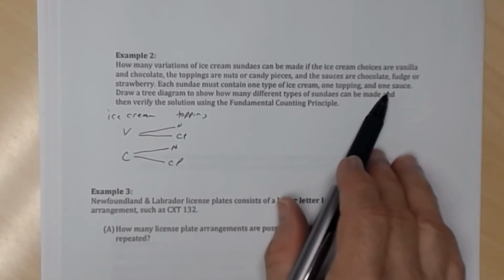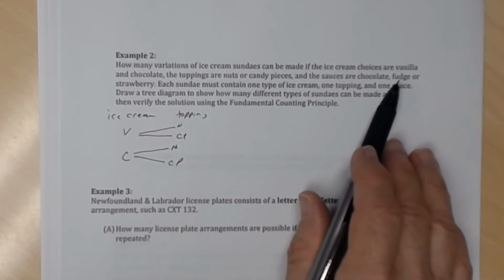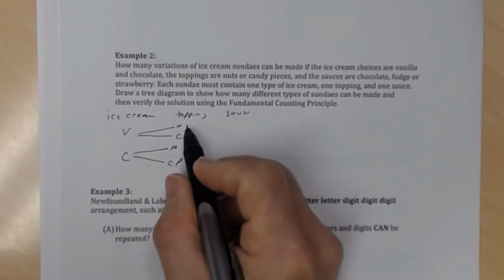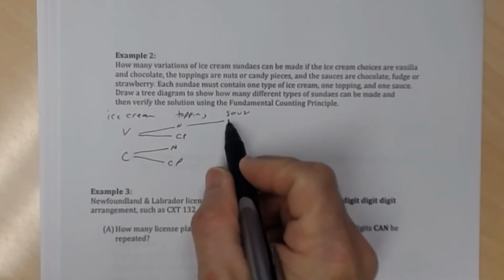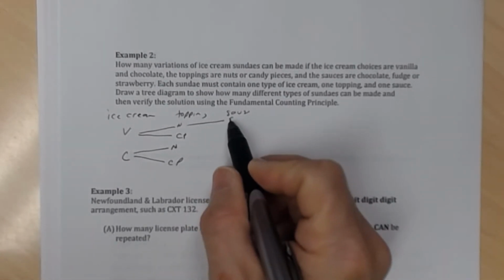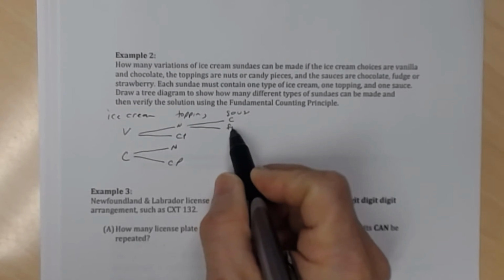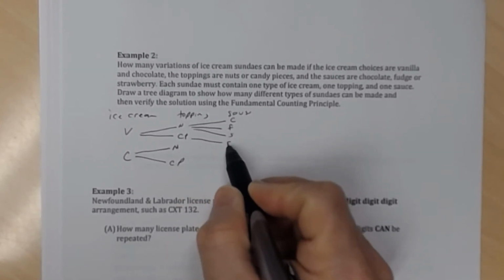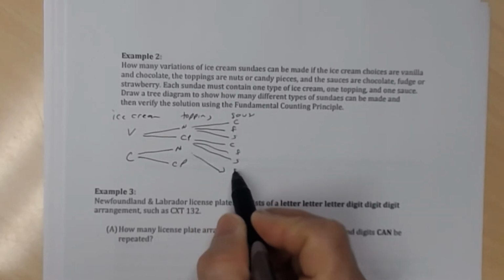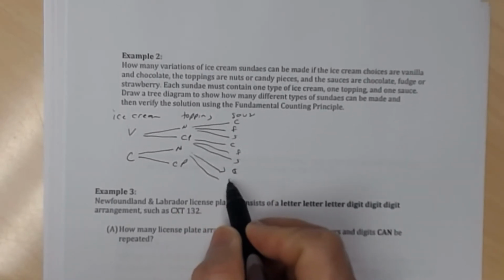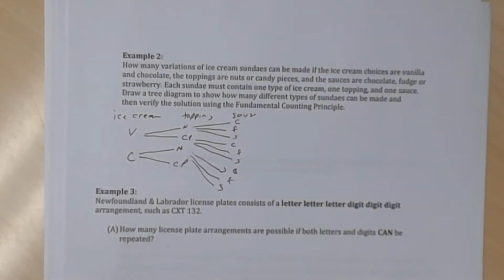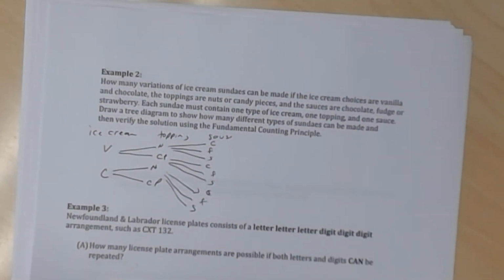The next one was one sauce, and my sauce could be either chocolate, fudge, or strawberry, so C, F, S. I'm not going to have enough room. I don't want to just dismiss this problem.